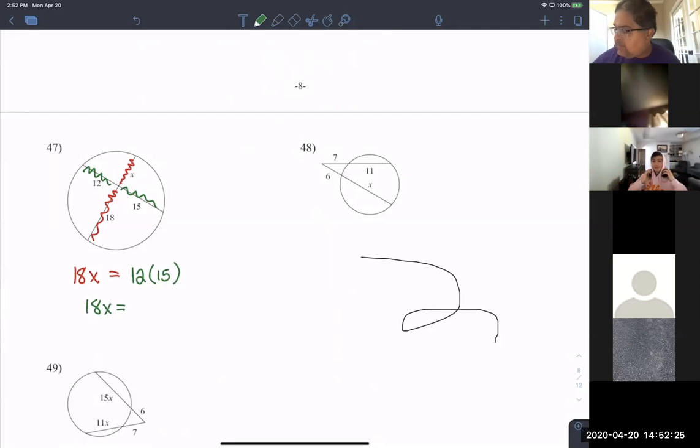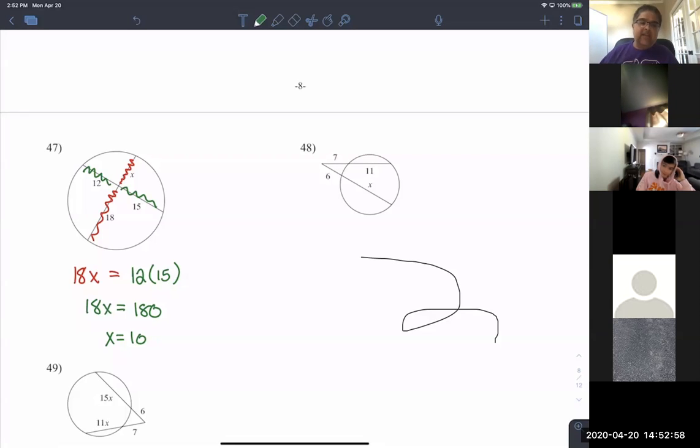So this is about as easy as it comes, and basically you have to just do the math, okay? So 15 times 12 is what, 30, and 15 is 180. Okay. Then solve x equals 10. All right. Any questions?